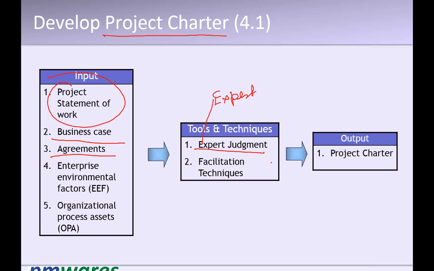So, like, the project sponsor is there, he has to write, but he doesn't know how to write. So he can take the help of an expert. But taking help of an expert doesn't mean the expert is writing. It is the sponsor only who is writing.